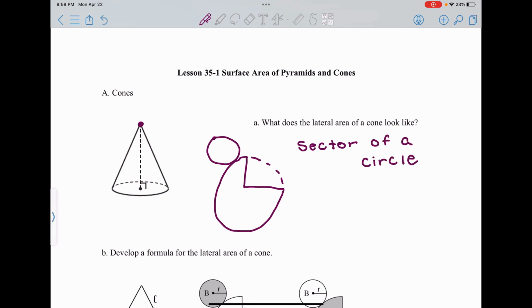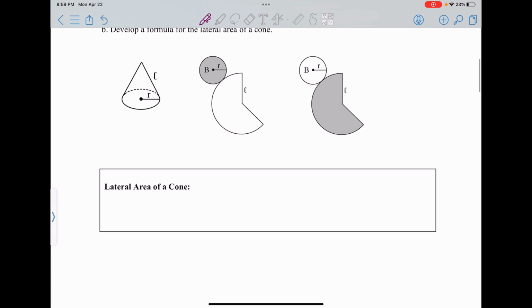And remember, lateral area is just the area of the lateral faces. So because for a cone, this is the only lateral face, in order to find the lateral area, we need to find the area of this sector. And so the formula to find the lateral area of a cone is pi times the radius of the base times L. And L stands for the slant height.